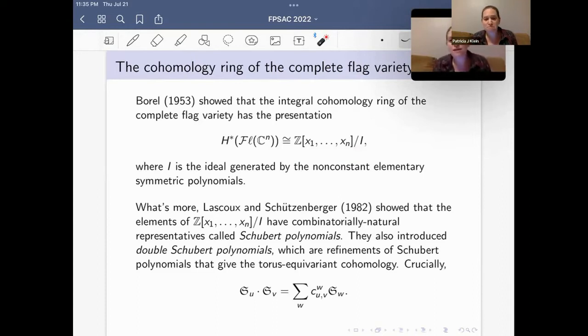So this decomposition indexed by permutations gives rise to some intersection theory that we'd like to do. And this intersection theory has a lot to do with these non-constant elementary symmetric polynomials.